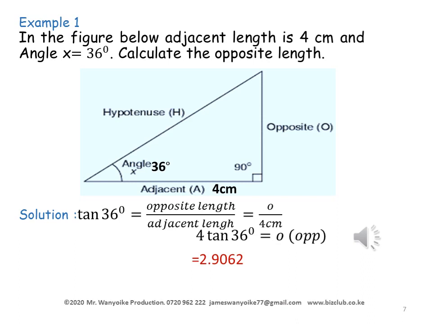And we also have the calculator where we can use to get tan 36. Remember, your calculator must be in degree mode. So you need to change the mode if it's not in degree so that it can give you the accurate trigonometric ratios in question. Now in this case, 4 times tan 36 is giving us 2.9062 centimeters.